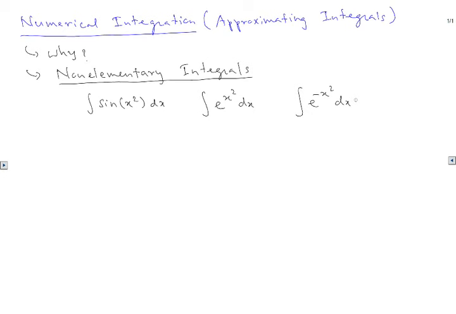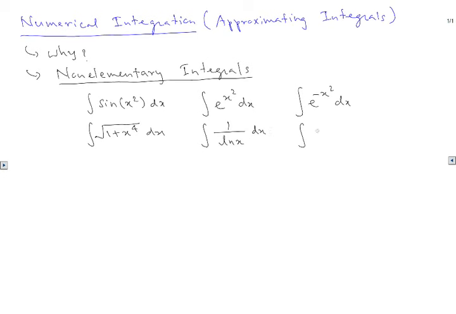And then we have more. We have the square root of 1 plus x to the fourth dx, and 1 over ln x dx. If you have just ln x dx, we can do that using integration by parts.